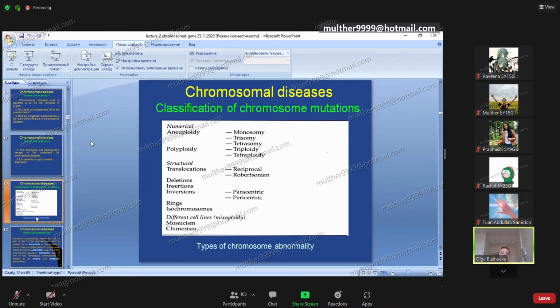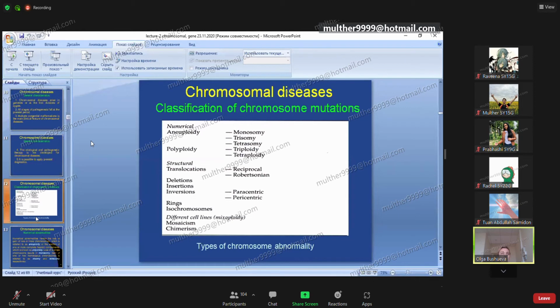Second one, structural abnormalities of chromosomes and different cell lines, mixoploidy, associated with mosaic forms of chromosomal diseases. Numerical abnormalities may be divided into polyploidy, including triploidy, tetraploidy.